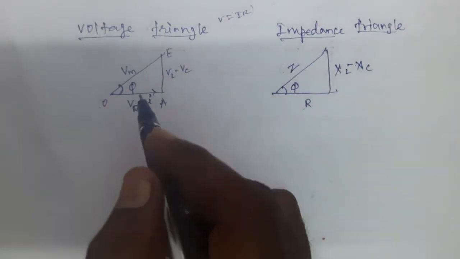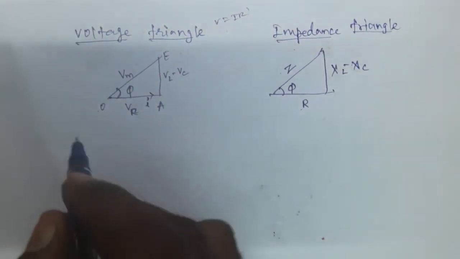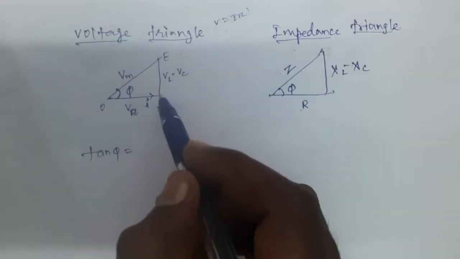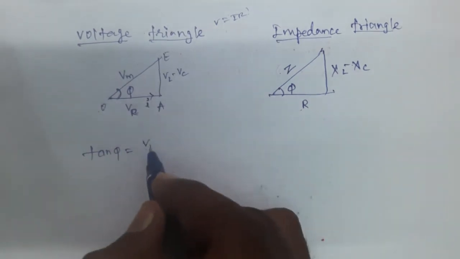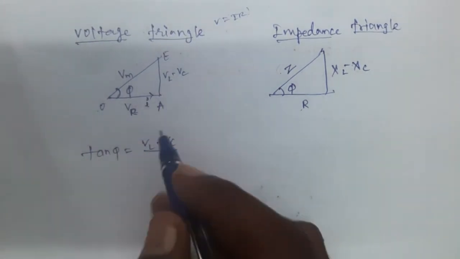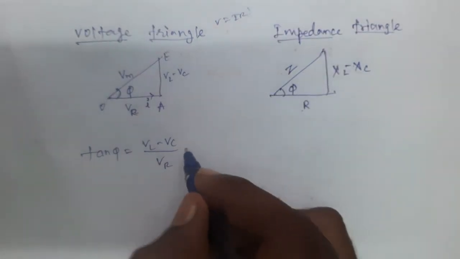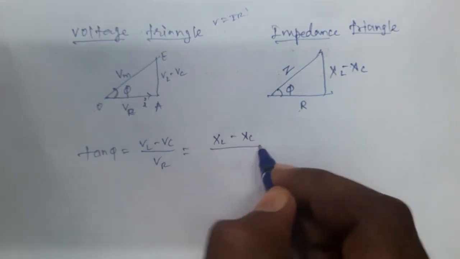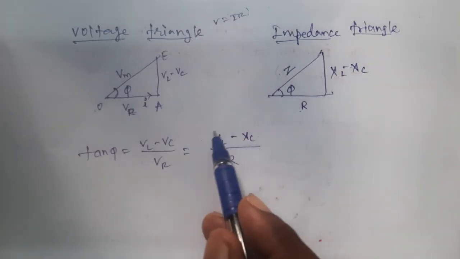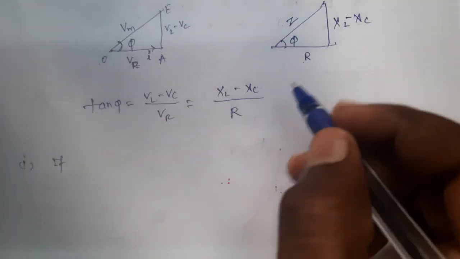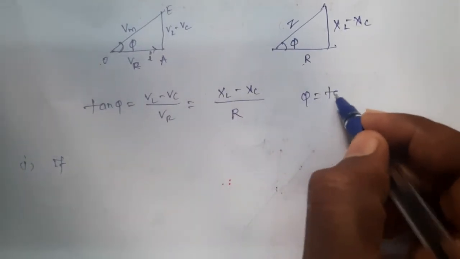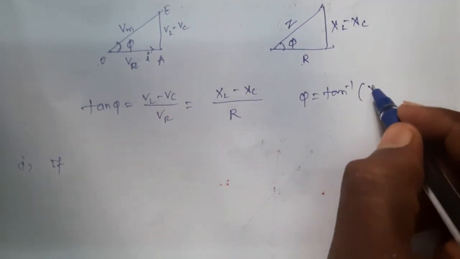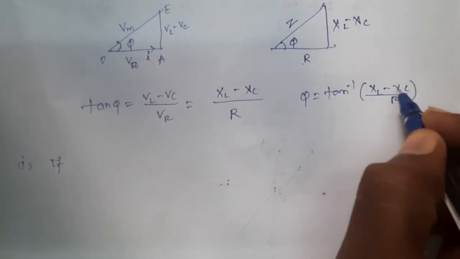Now from this voltage triangle and impedance triangle, we can use the trigonometric function: tan phi is equal to opposite by adjacent. VL minus VC is opposite, adjacent is VR. From the impedance diagram, tan phi is equal to XL minus XC, the effective reactance, by R. So phi is equal to tan inverse of XL minus XC by R.